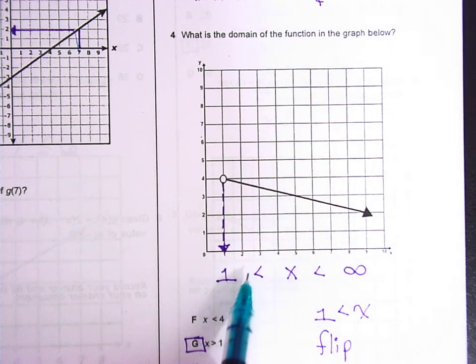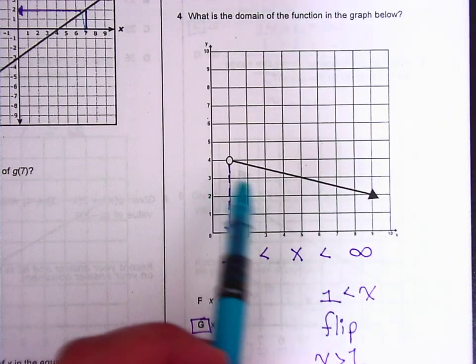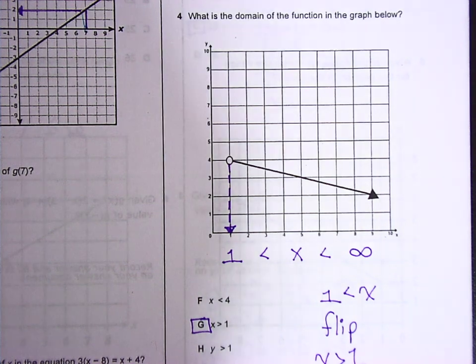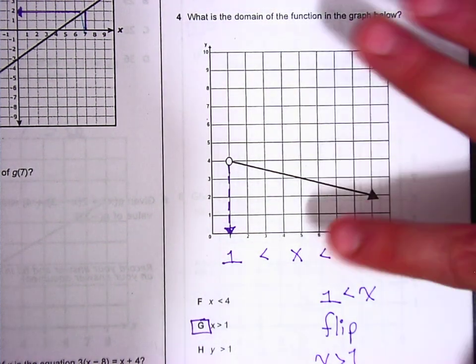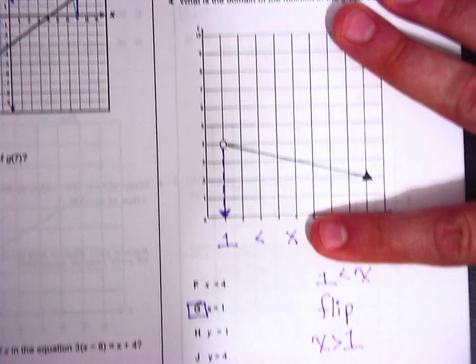So I have my less than arrow but with no equal sign. Now I go to the right, and this arrow tip on this end tells me that this graph goes infinitely to the right. What you're going to see a lot of times on tests is they won't show you the infinity. They'll just take it out and give you half the answer. In this case, 1 is less than x.